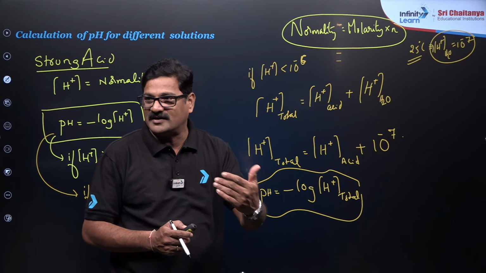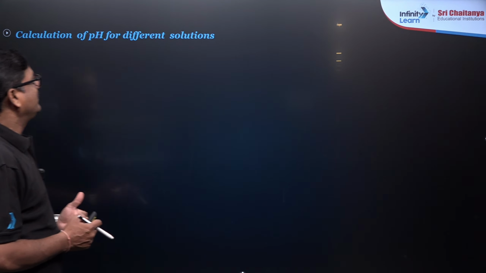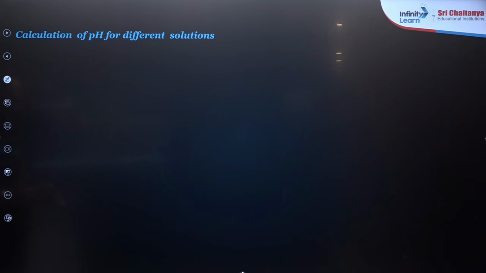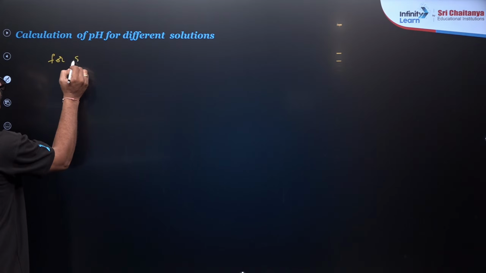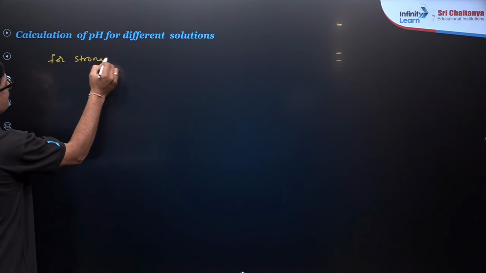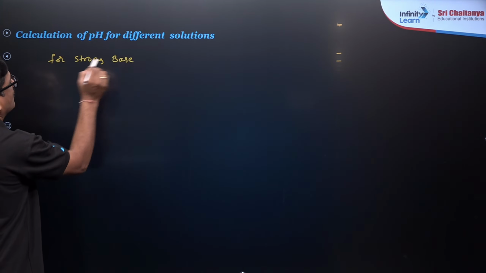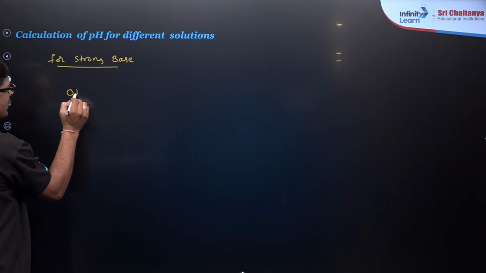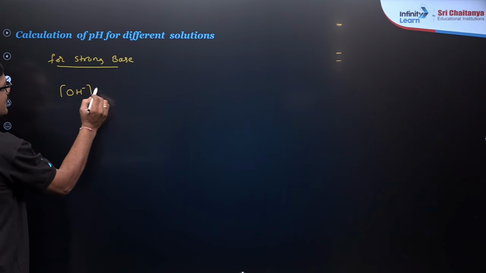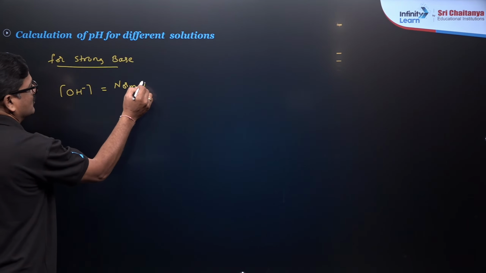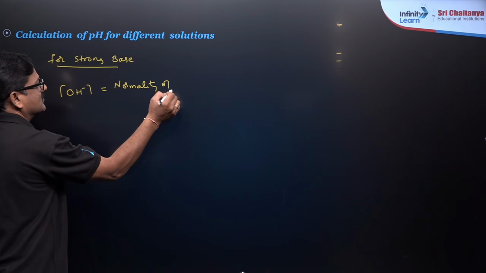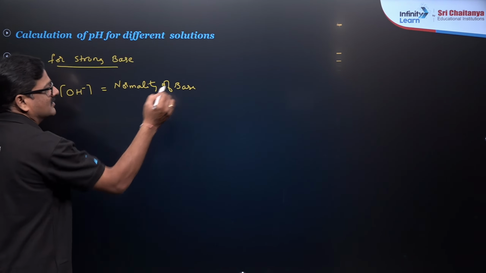So moving ahead, there is one more thing: weak base, pH calculation of different solutions. So for strong base, the OH minus ion concentration is going to be the normality of the base.